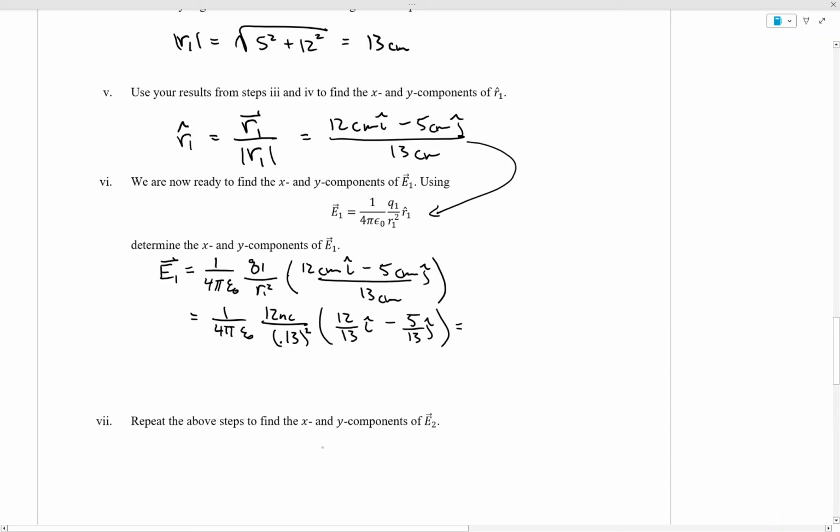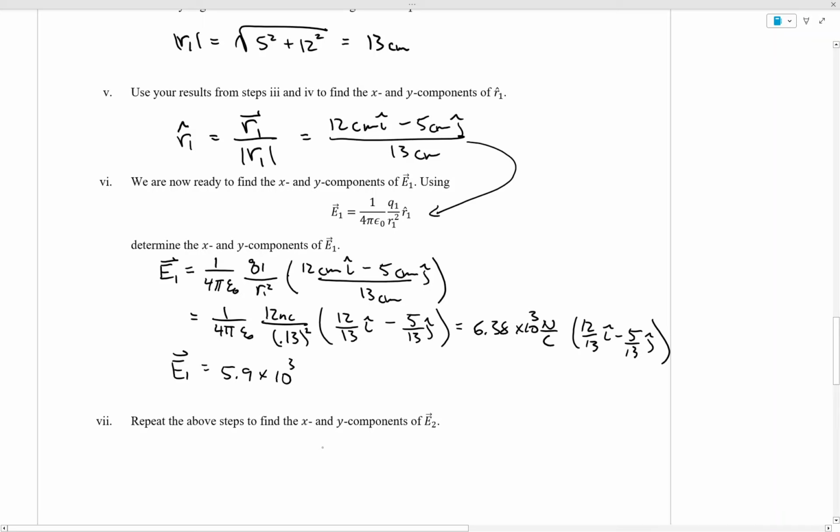And if we crunch those numbers, we would find this. And we could multiply through to get the two components we want. What would we get?